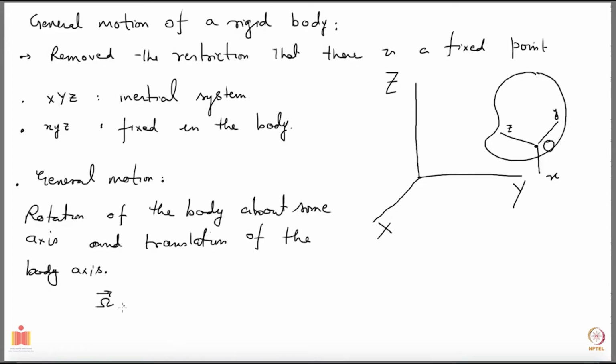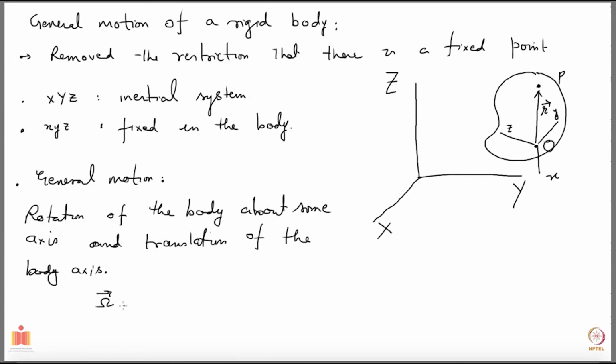Now if I look at some point P here, let me say that from the origin it has a radial vector r, and this vector r is in the body system. This is rigidly attached in the body. But this point is going to move around with the body because of the motion of the entire system, because it's going to rotate and translate also.